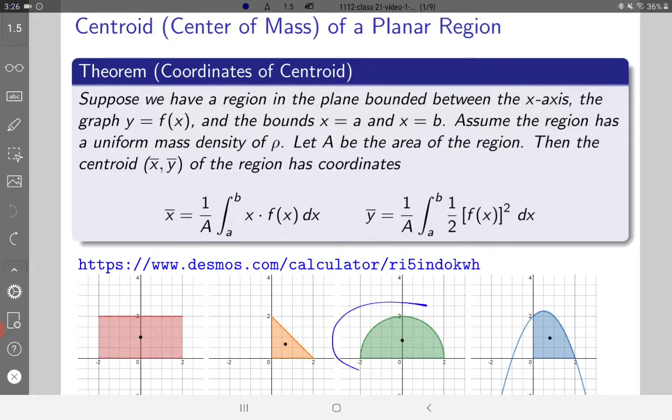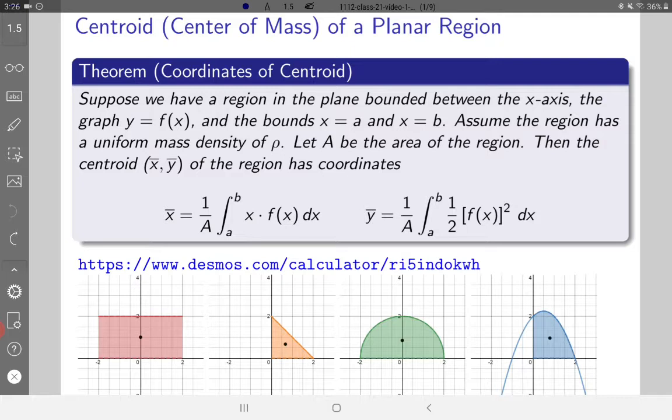At least for this semicircular region right here, I hope you'll agree that it's pretty obvious after a moment's thought that the balancing point should be right there along the vertical y-axis, because that splits the region perfectly in half. There's symmetry. The region on the right and the left of that line are perfect mirror images of each other. So it makes sense that the balancing point, the centroid, is right there halfway in between.